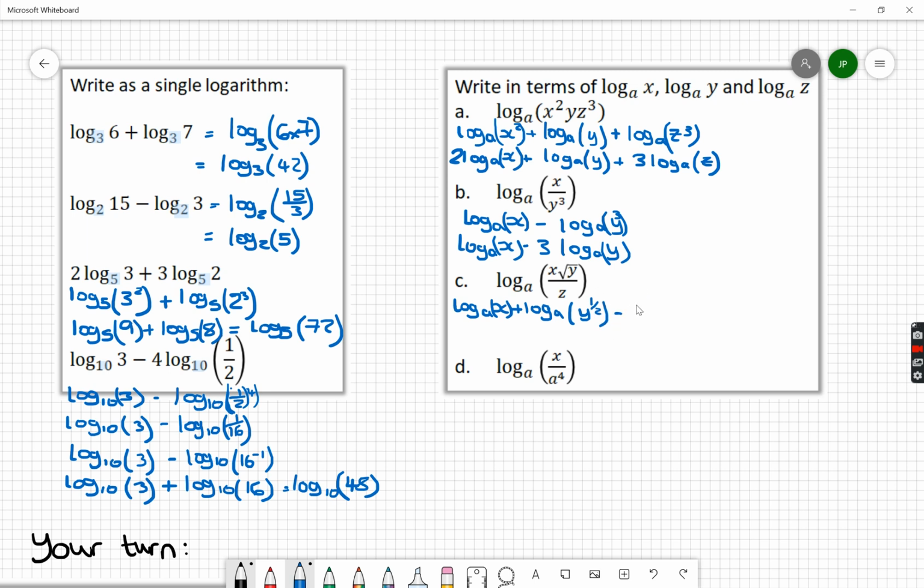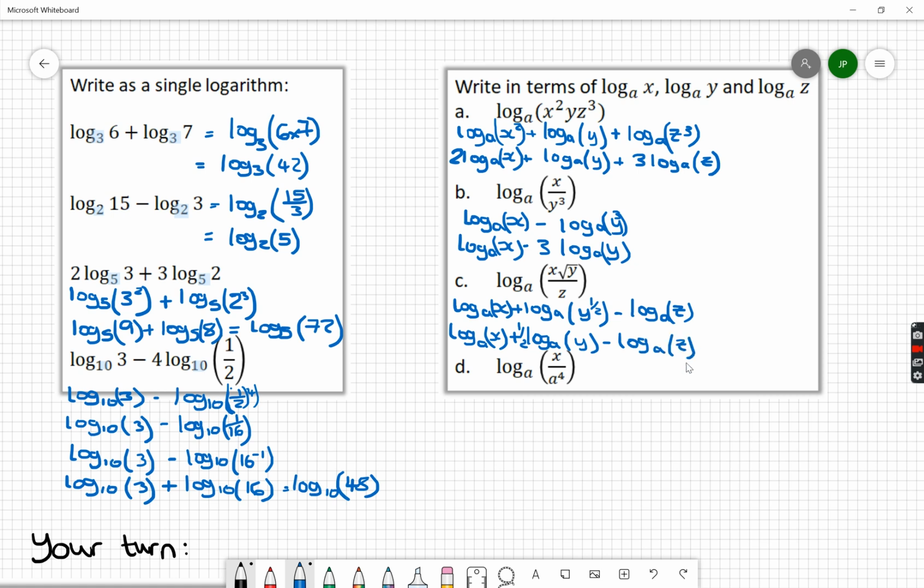Minus, because then it was a divide, log base a of z. Now the only part I need to simplify is the half, so I can bring that one in front. So I'll have log base a of x plus half log base a of y minus log base a of z.